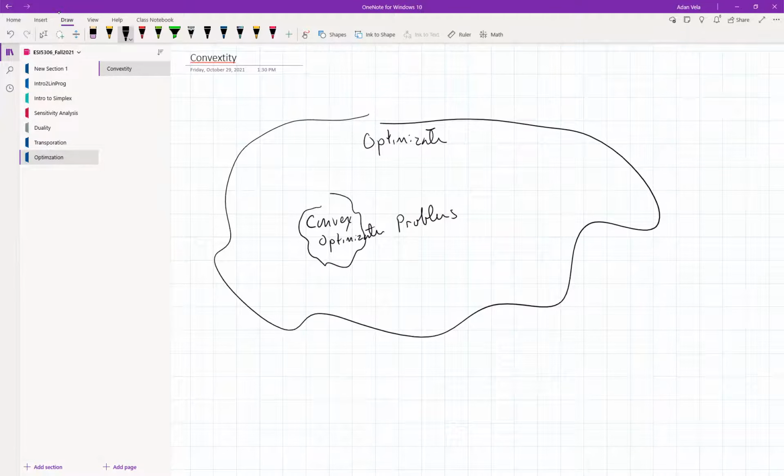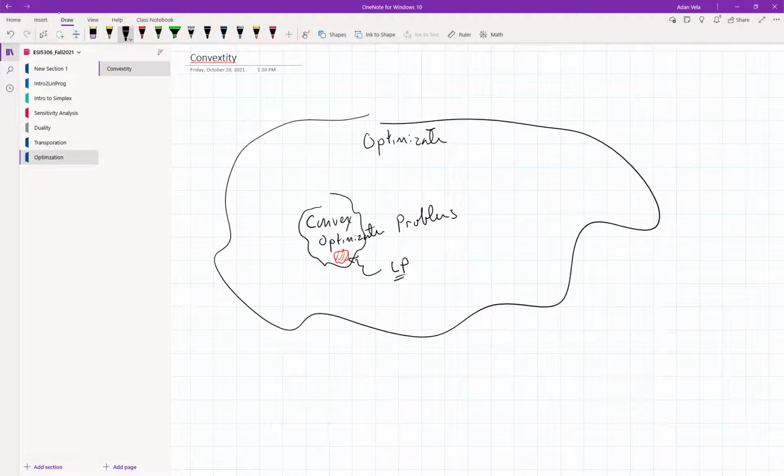And even within that small set, there's another little one right here called linear programming. So what we've been studying is this little red set for a bit. But the broader set that it's contained in is convex optimization. And then, of course, more globally, we have just optimization in general.